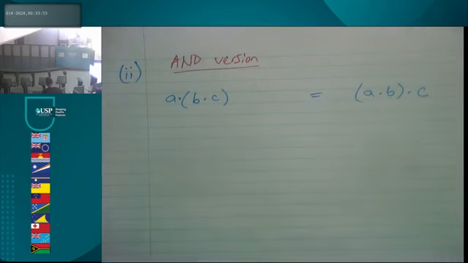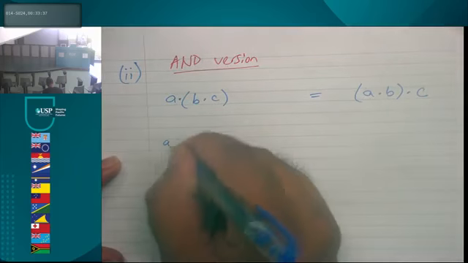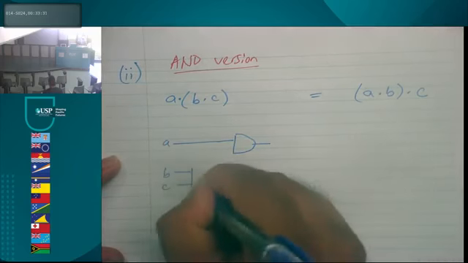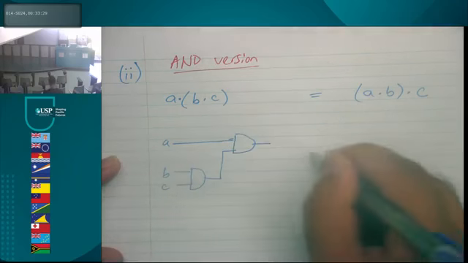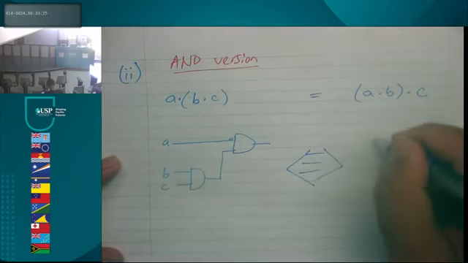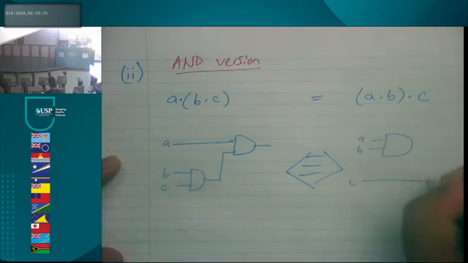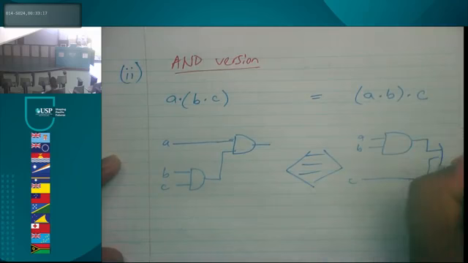Because we are saying that these two are equivalent using the associative law, what we are actually saying is that this particular circuit is the same as that.